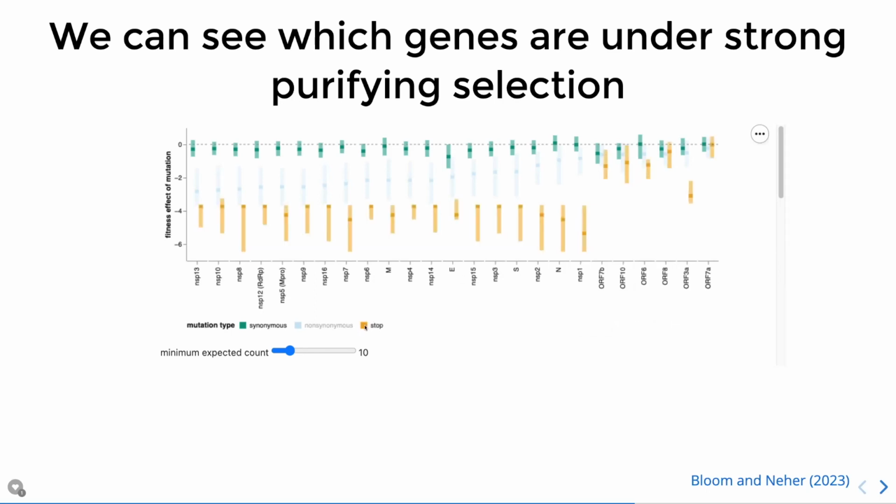When we look at stop codon mutations, we can see that in all of the non-structural proteins, the NSP proteins, which are involved in the viral replication complex, stop codons are highly deleterious.